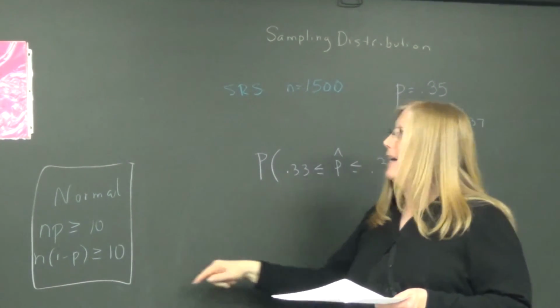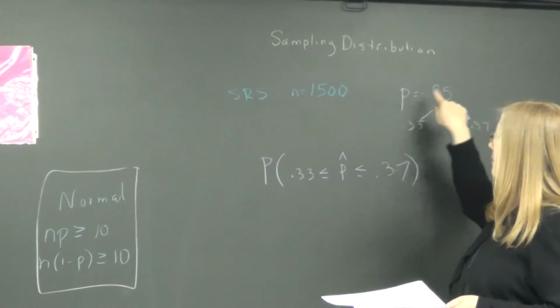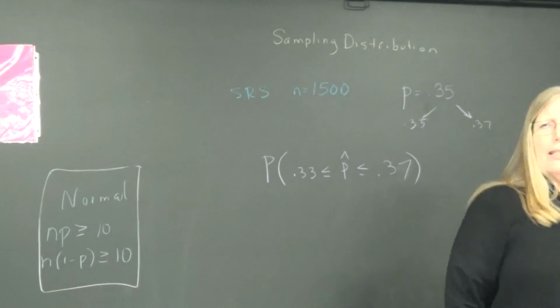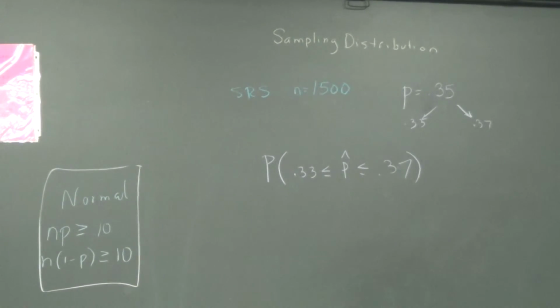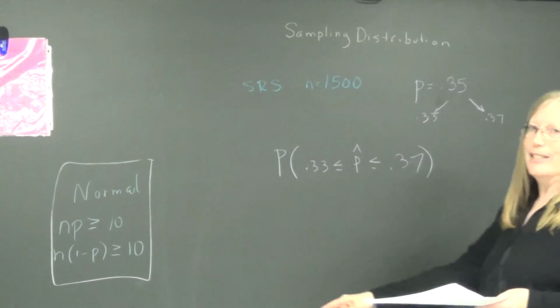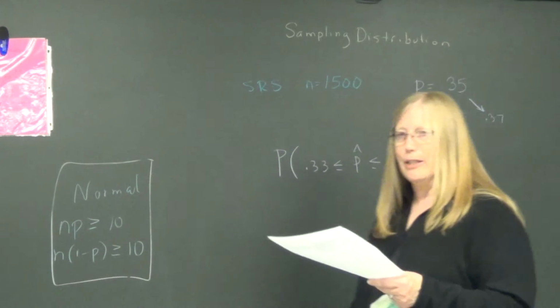Yes. What about 0.65 times 1500, where 0.65 is 1 minus 0.35? Is that number greater than 10? Yes.